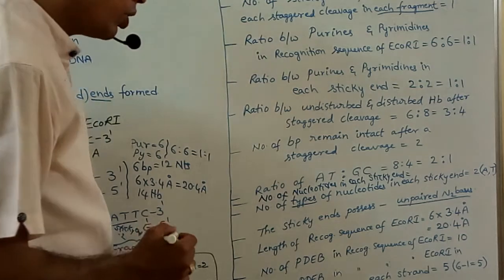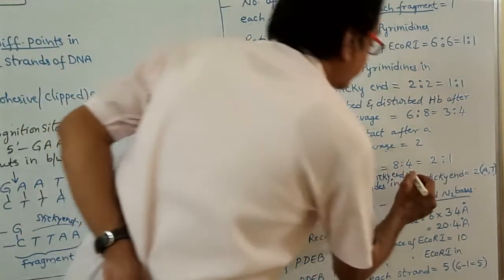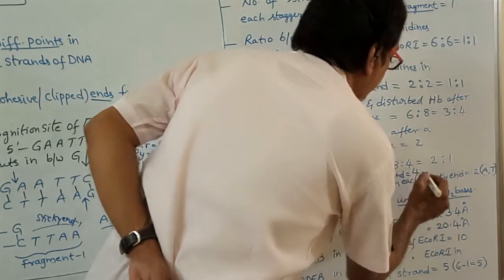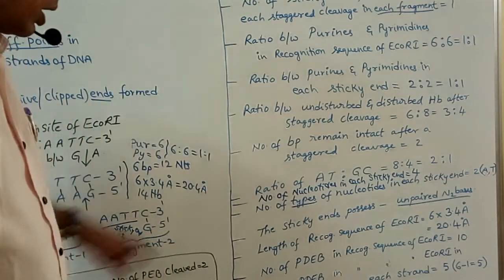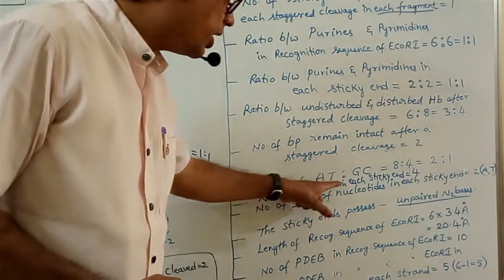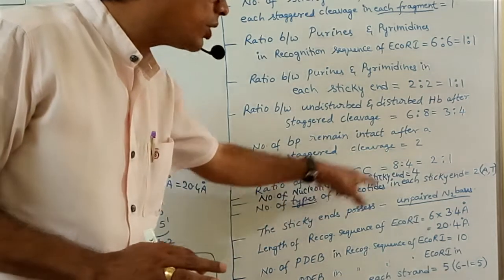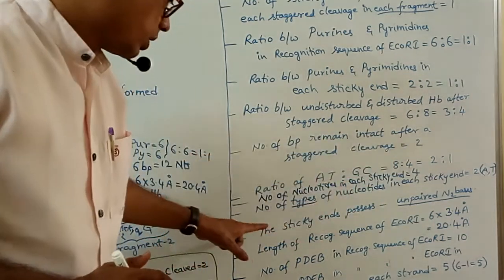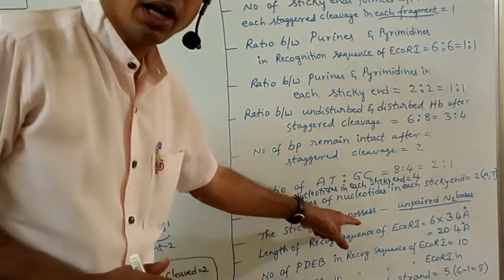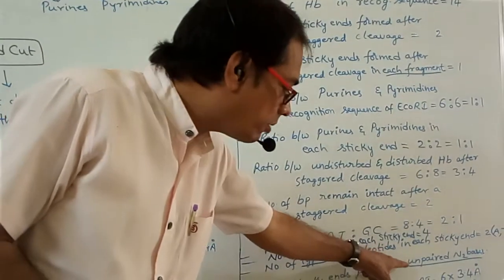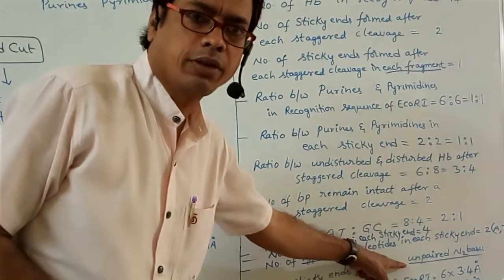Number of nucleotides in each sticky end. How many? 4. Number of nucleotides in each sticky end means 4. Types of nucleotides means 2. Okay. The sticky ends possess paired or unpaired nitrogen bases? Unpaired nitrogen bases we have to say.